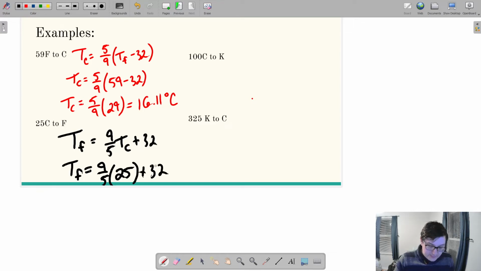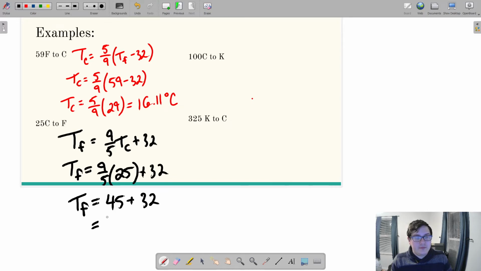So 9 divided by 5 times 25 is going to get me 45. That sounds about right. Plus 32. 45 plus 32 gives me 77 degrees Fahrenheit. Okay, so we just did one example of going from Fahrenheit to Celsius, Celsius to Fahrenheit.